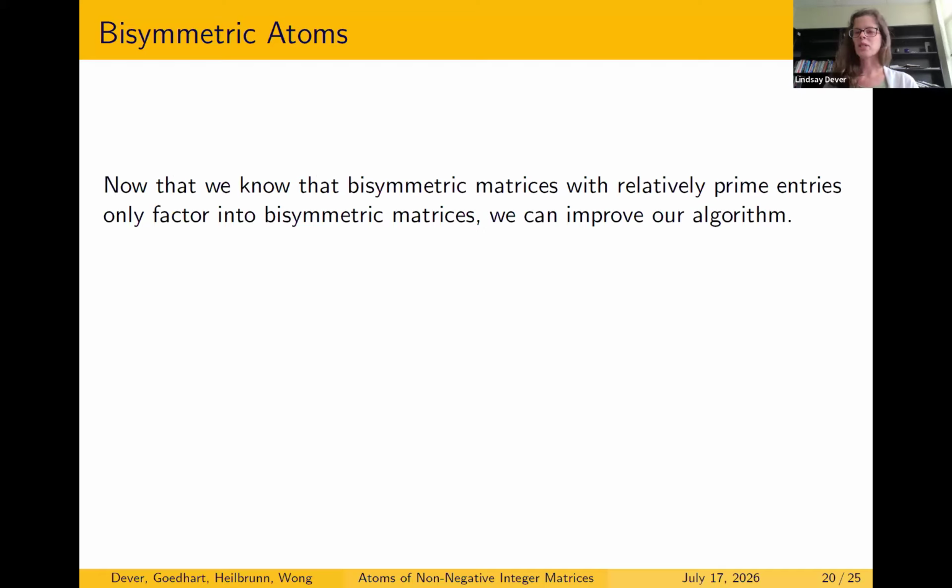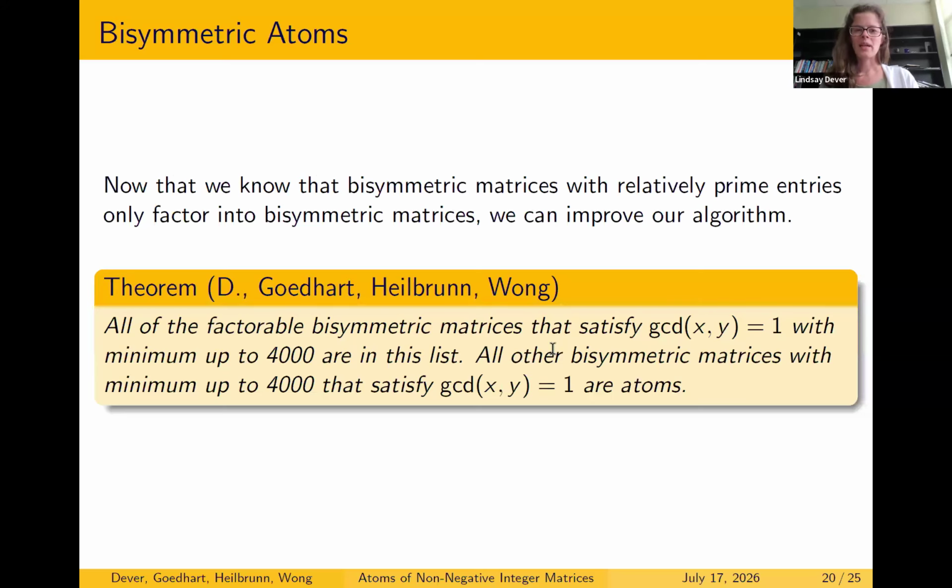Once we know this, we could improve our algorithm a lot. Our original algorithm ran for several months, and the new algorithm, where you know the factors are bisymmetric, maxed out the amount of data I was willing to fill in less than a day, I think. So this was much more efficient. We were able to find all of the factorizations of matrices with minimum up to 4,000.